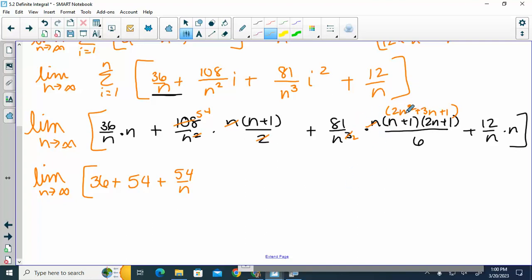So 54 n squared over 2 n squared. 81 n over 2 n squared. 27 over 2 n squared.